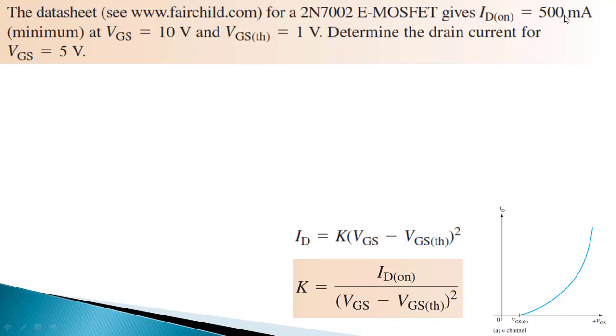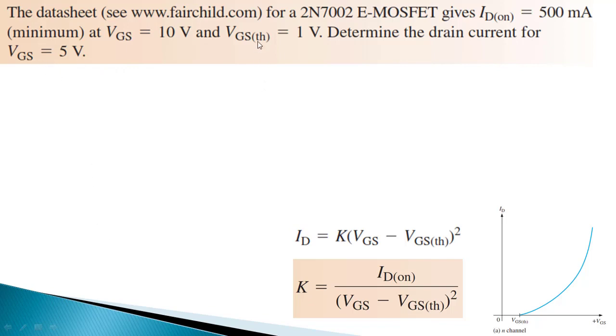The gate to source voltage is equal to 10 volt, and VGS threshold is the minimum voltage at which the current flows, called the threshold voltage. VGS threshold voltage is equal to 1 volt. So determine the drain current for VGS equal to 5 volt.